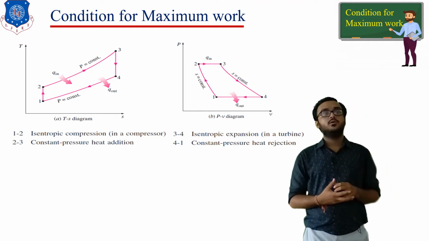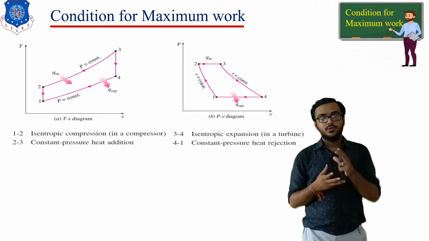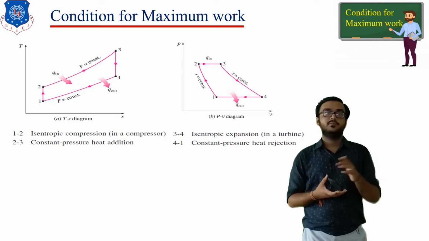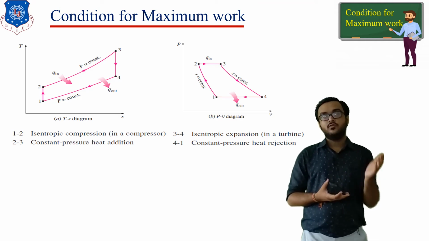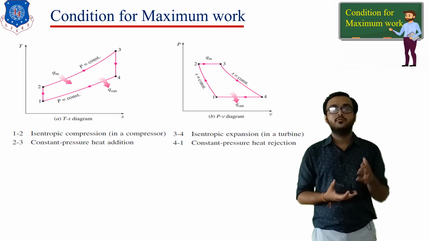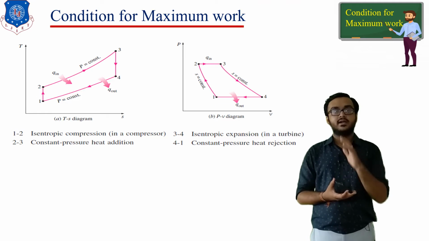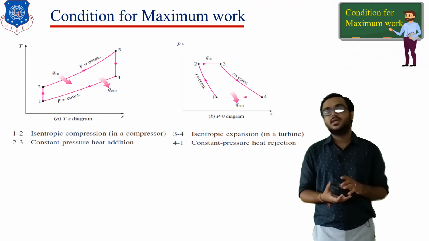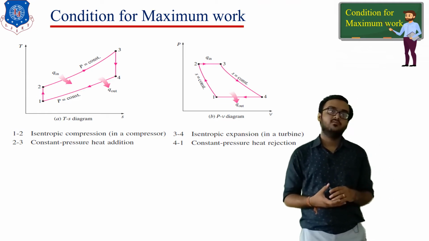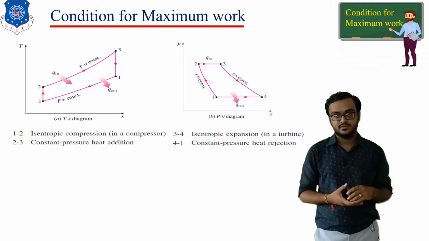Now we need to plot the PV diagram. To plot the PV diagram, we need to correlate each and every process of the TS diagram. Observing the TS diagram, 1 to 2 is the compression process, particularly isentropic compression.